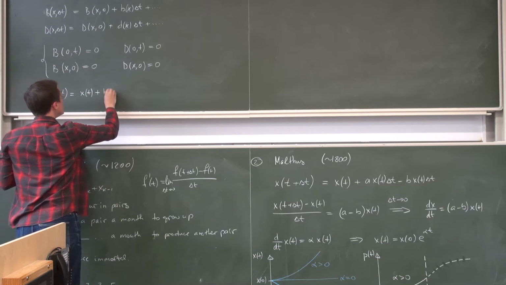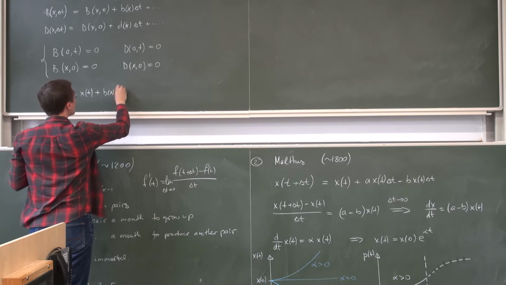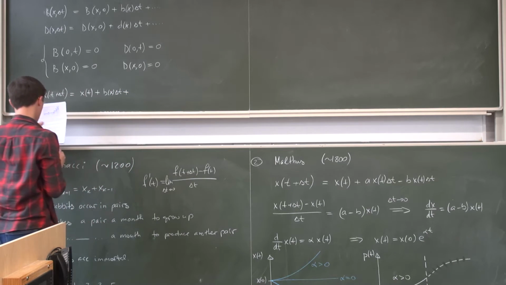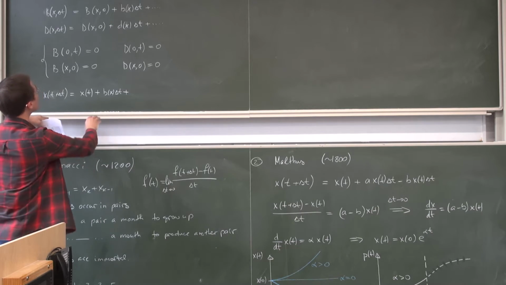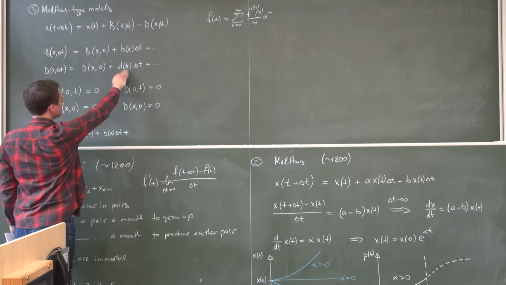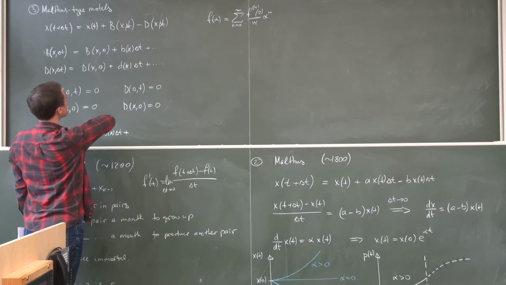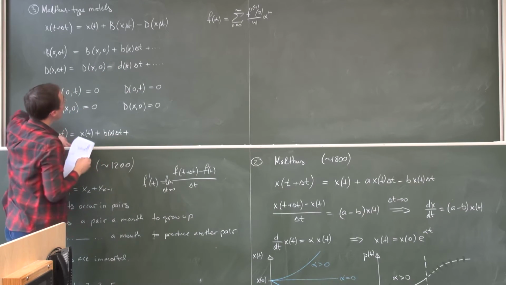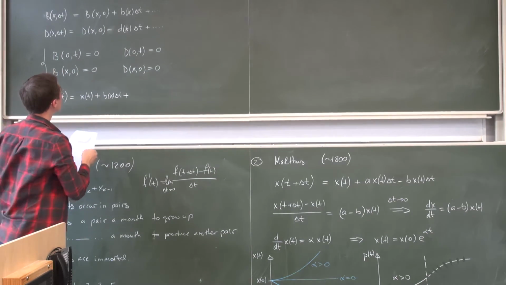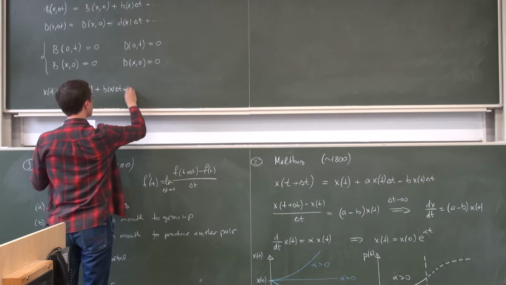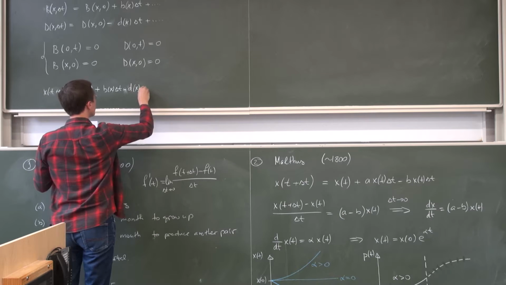Okay, so b of x delta t, and then plus, and probably another thing is in order. Let's explicitly say that d of x will be a positive number, and since they're dying, there's a minus in here, to make things a bit more intuitive. So we will have minus d of x delta t.